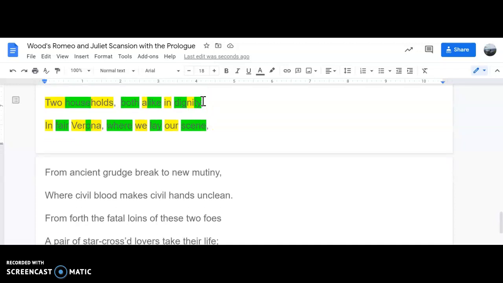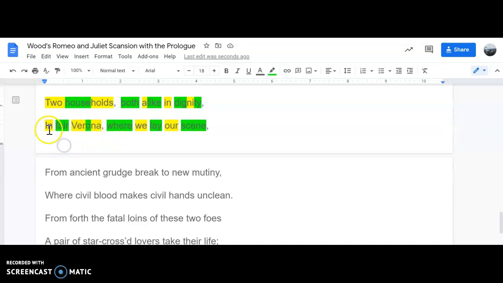Okay, one thing that I forgot to mention is that yes, every time you're going to start with unstressed and then stressed, but you should also have 5, that's where the pent comes from, feet in every line, okay? So feet meaning here's a pair, that's 1 foot, okay? Here's another pair, that's another foot, okay?